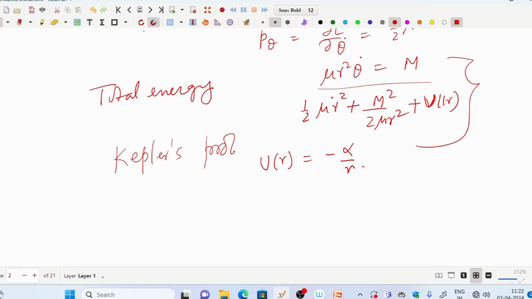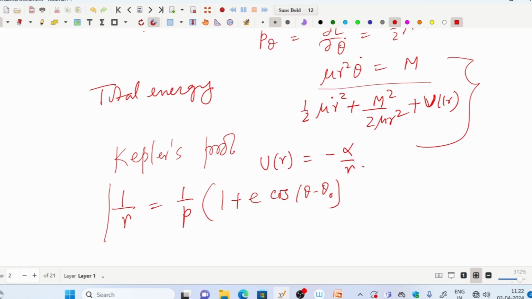So we'll start from the solution. It was 1 over r equals 1 over p times (1 plus e cos(theta minus theta 0)).